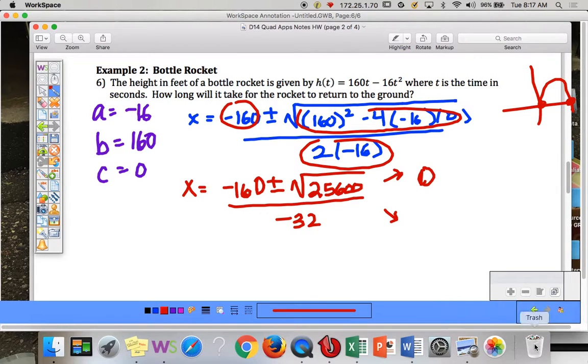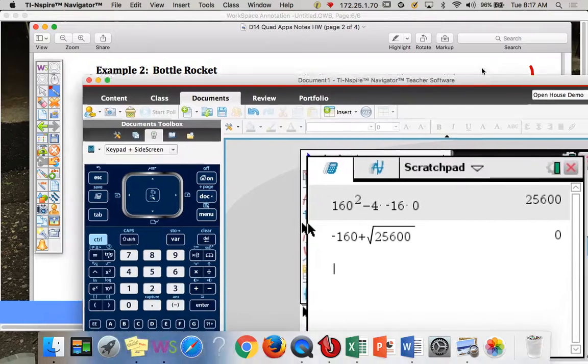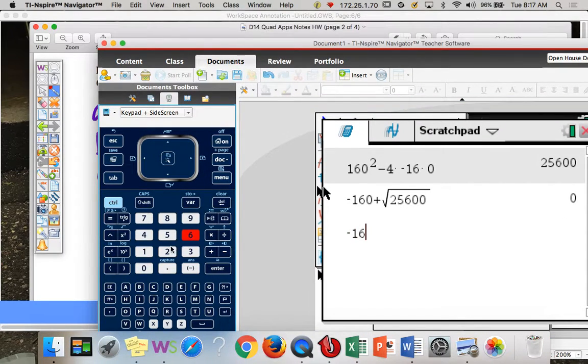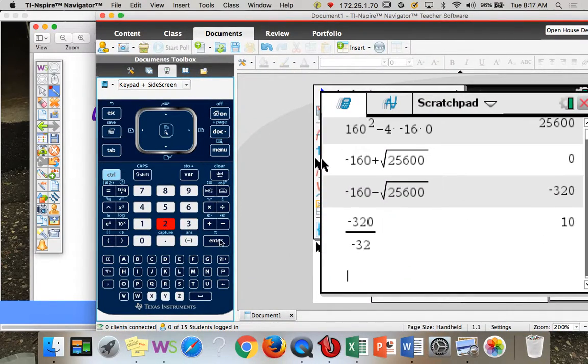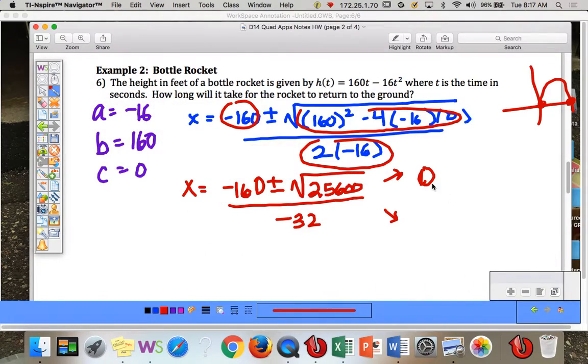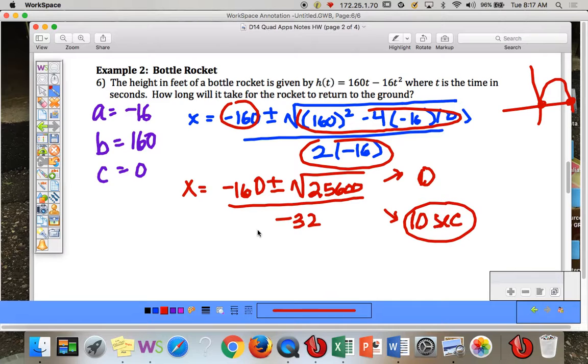So now we need the other one. So it's going to be negative 160 minus the square root of 25600 divided by negative 32. All right, so it's going to take 10 seconds for the rocket to hit the ground.